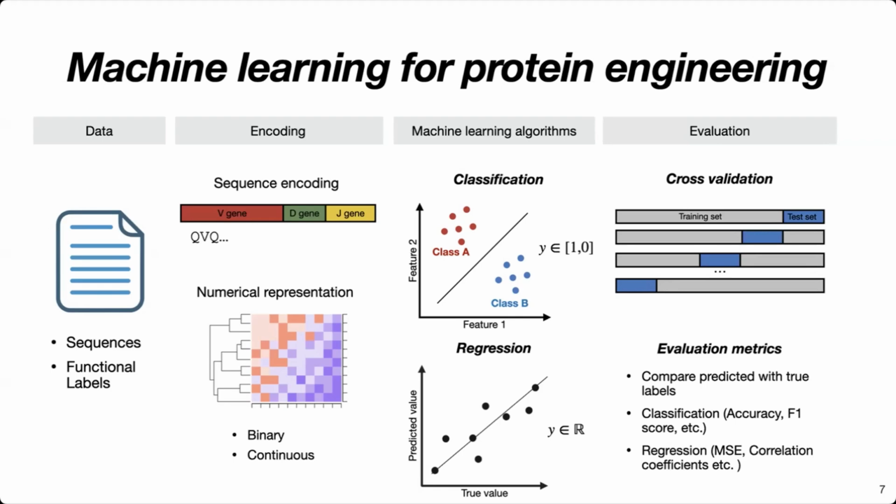You train the models on the training set and you predict the labels of the test set. Eventually, you can compare the predicted values with the true labels and can calculate some kind of evaluation metric, which essentially tells you how accurately your model is able to predict the labels for this unseen data set.